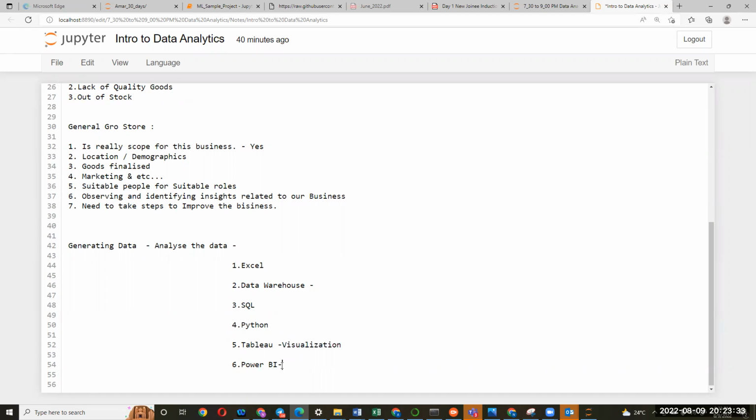This is also a visualization tool and a business intelligence tool. We install all these things in the market. And this is a programming language. And this is the database.